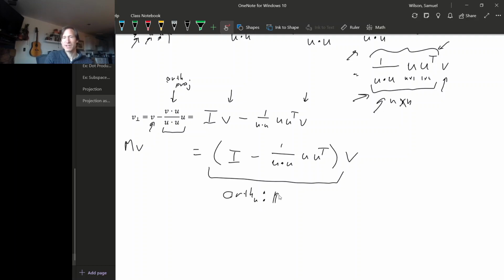So this matrix is the linear transformation from Rn to Rn that sends V to the orthogonal complement of V relative to u.